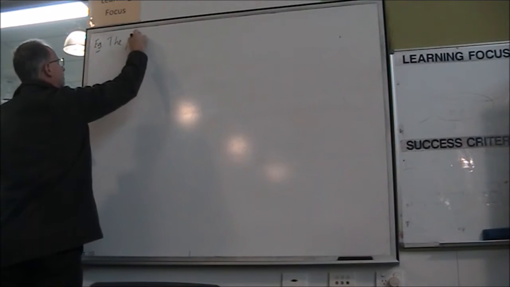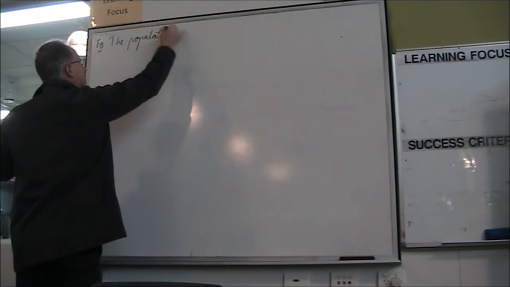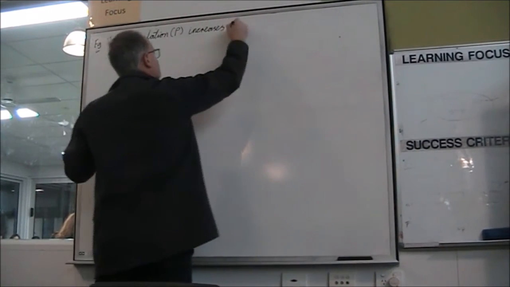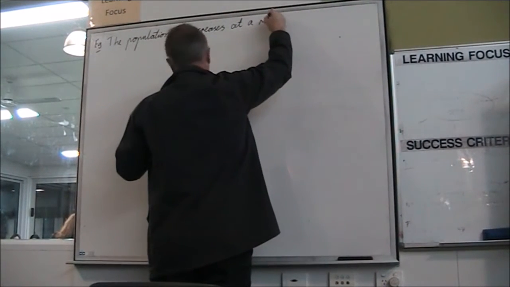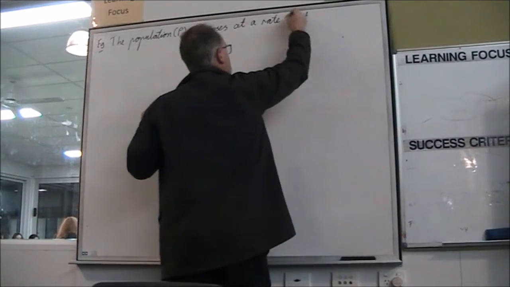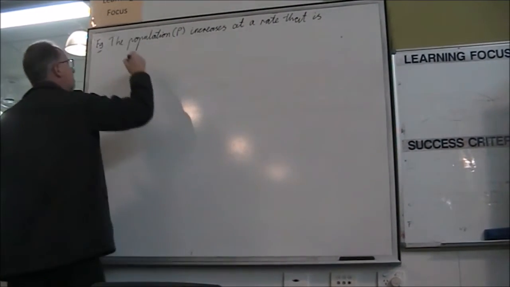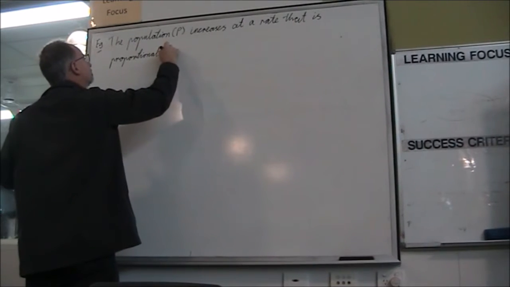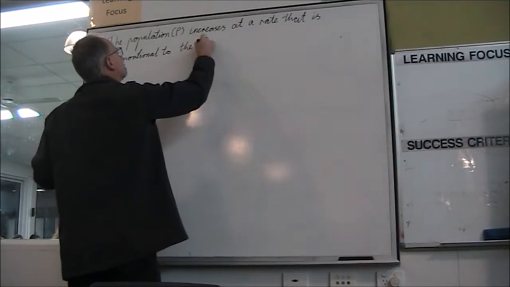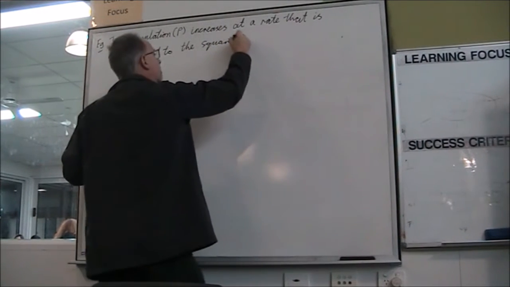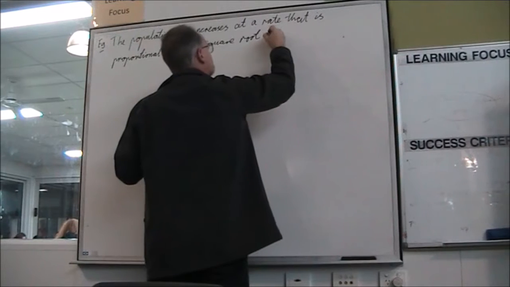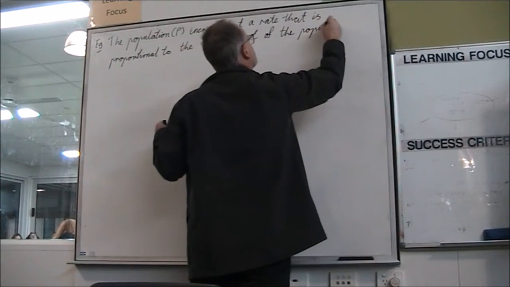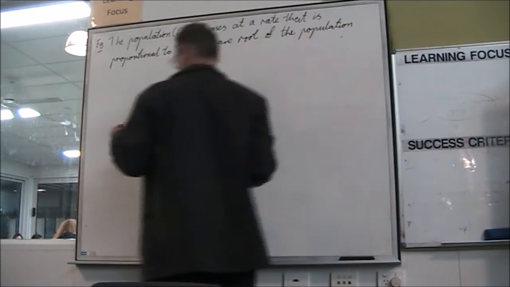So the population P increases at a rate that is proportional to the square root of the population at the time.